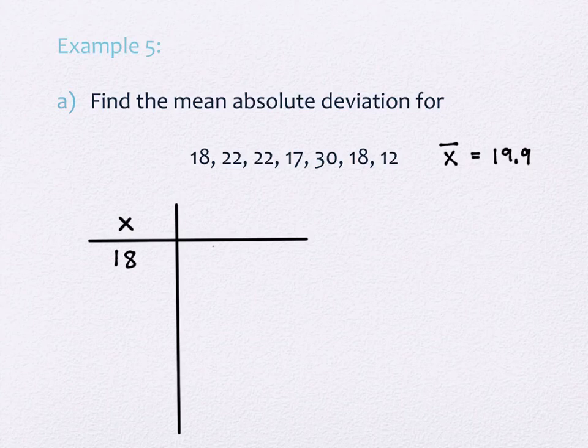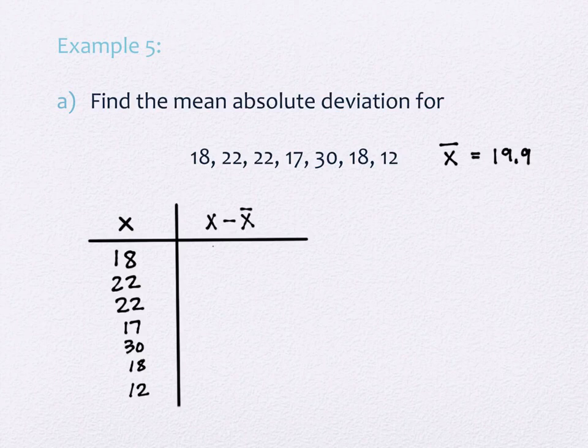So it's 18, 22, 22, 17, 30, 18, and 12. And then the next column takes those scores, that's the X value, and it subtracts off the mean, that's X bar 19.9, and it takes the absolute value.